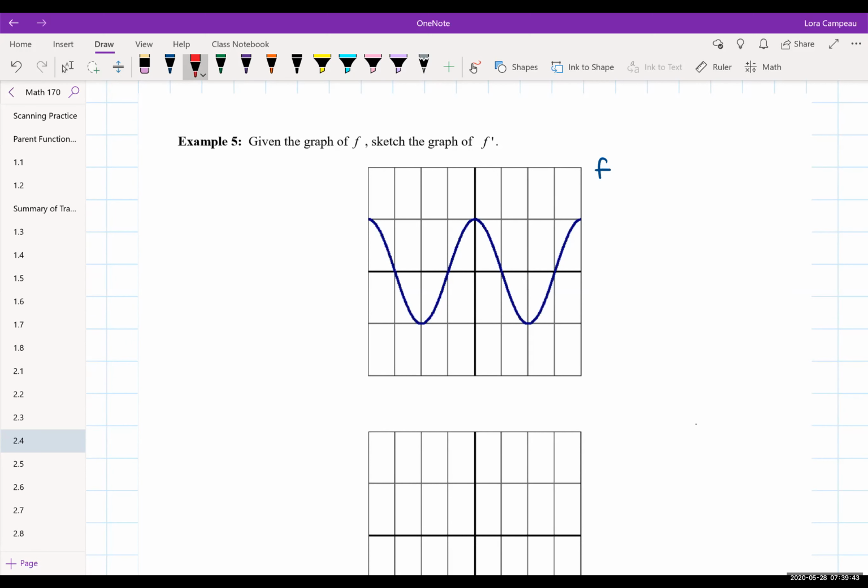I want to analyze. I want to mark where we see horizontal tangent lines. So this would allow us to mark where our derivative would be 0. I can tell, okay, anytime I have a max or a min, I've got these horizontal tangent lines.